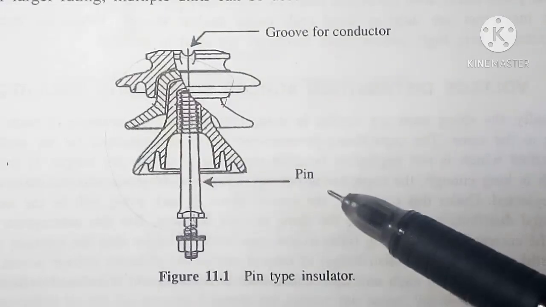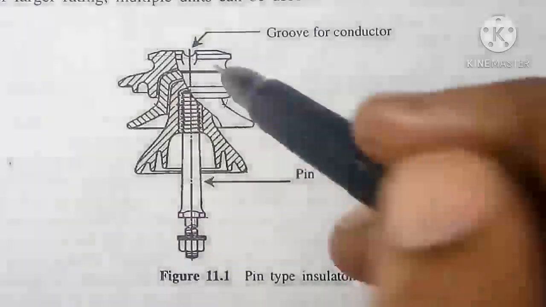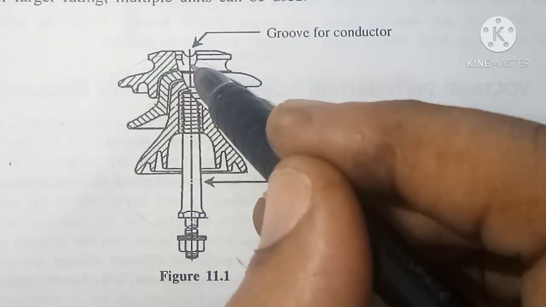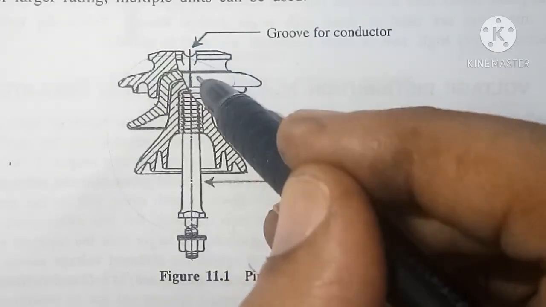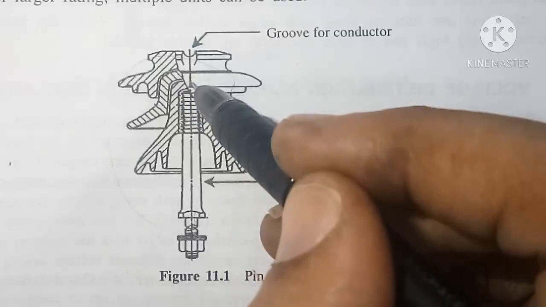Figure here shows a pin type insulator. At the top of the pin insulator, here you can see a groove. In this groove, the conductor will be placed.